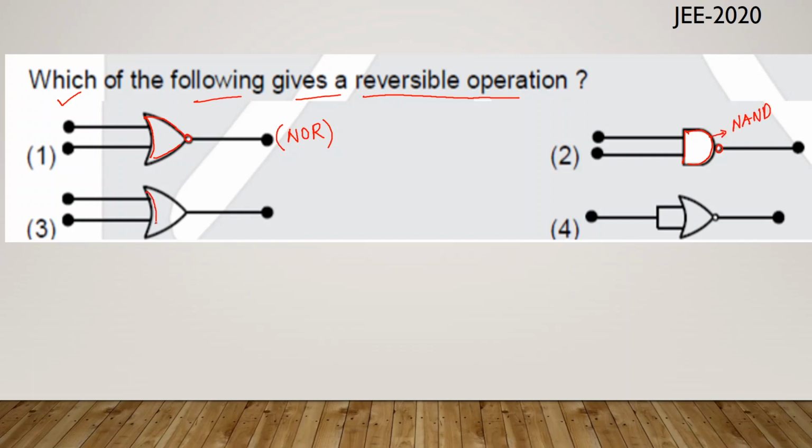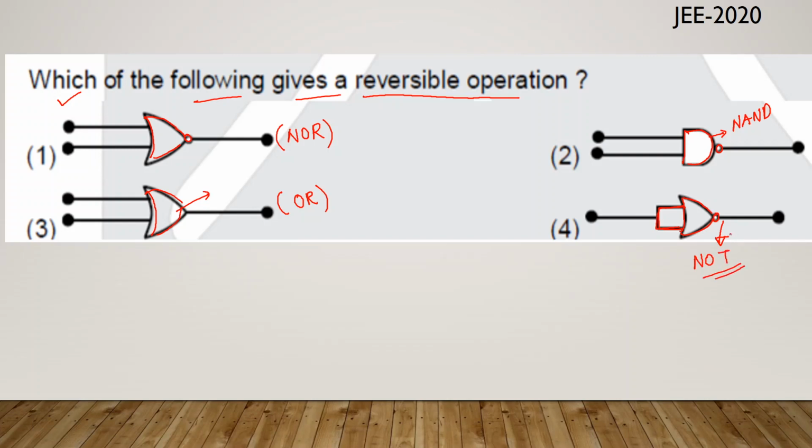A leaf-like structure without any bubble represents OR gate. Similarly, a leaf-like structure with a bubble such that both the inputs are joined together. Both the inputs are joined together. I hope everyone by this time knows which gate this is. This is nothing but NOT gate.